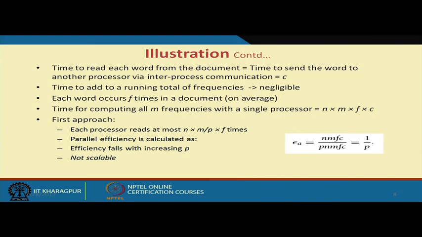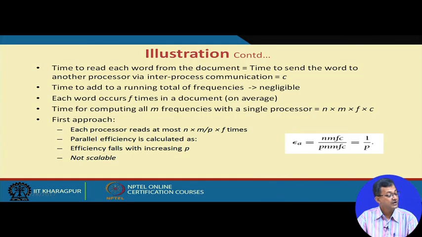Now, let us assume that the time to read each word from the document is equal to the time to send the word to another processor via interprocess communication, and equal to C. So, making things simple. Ideally, or in a real-life case, it will be different, but we make these assumptions.